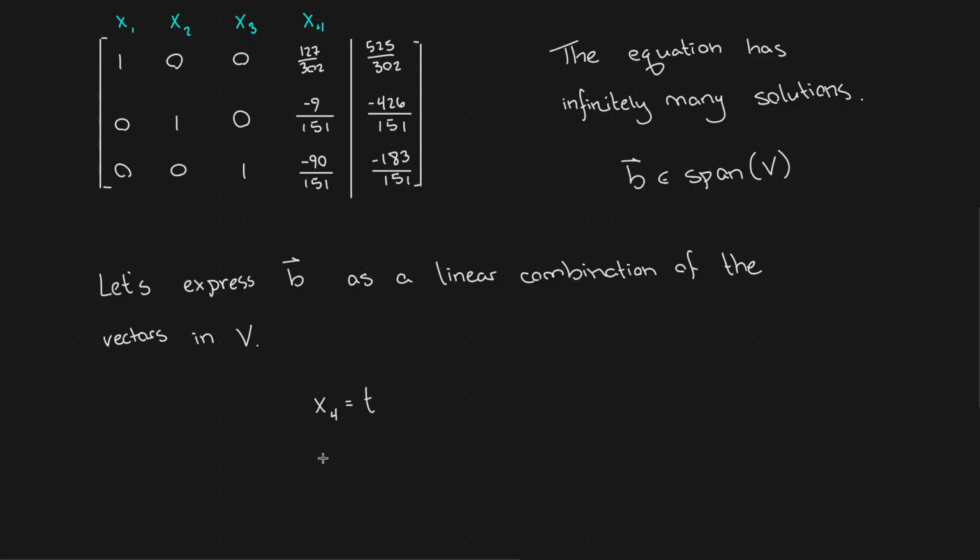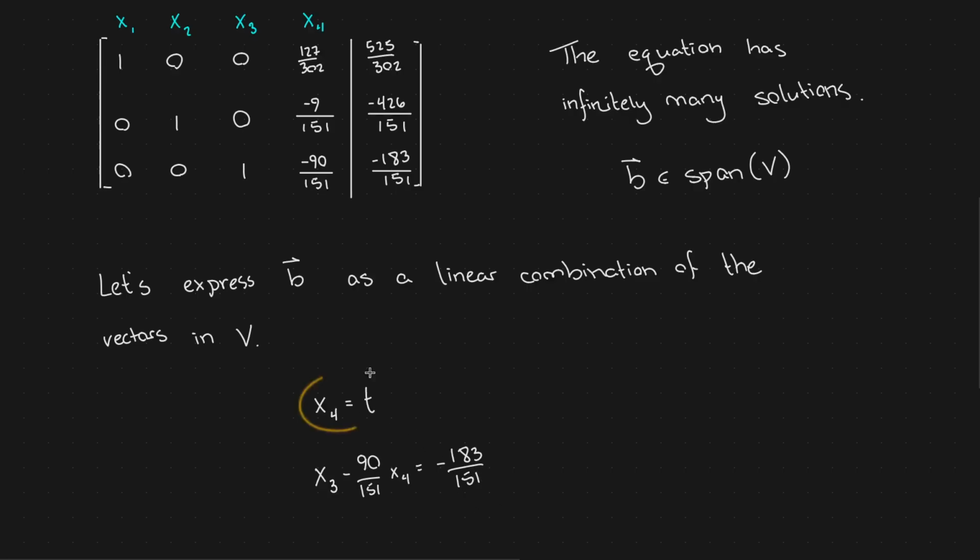Okay? So the last row, I have 1x3 minus 90 over 151 x4 equals negative 183 over 151.